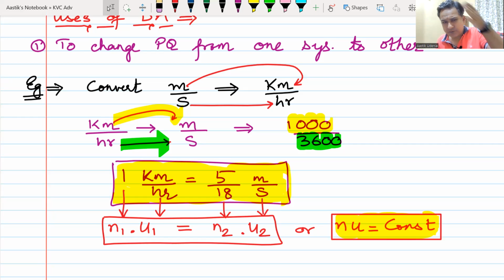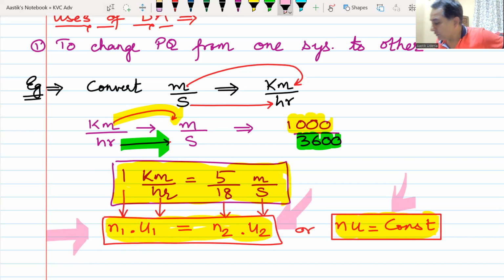We had seen how to convert from kilometer per hour into meter per second, and then we had seen this formula of conversion. You can also use this formula, where n1 into u1 will be equal to n2 into u2, or n into u is a constant. Do we understand this? Do we remember this? Okay.